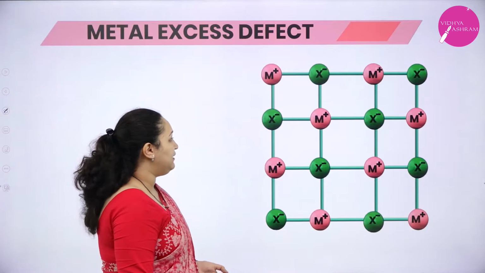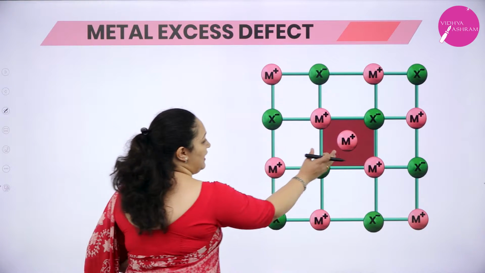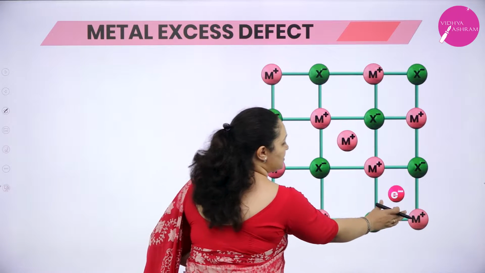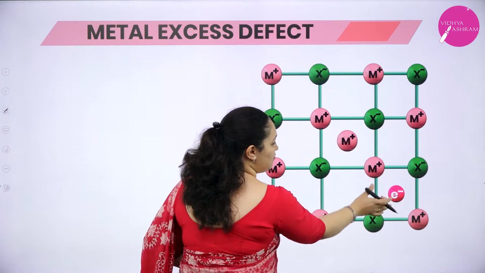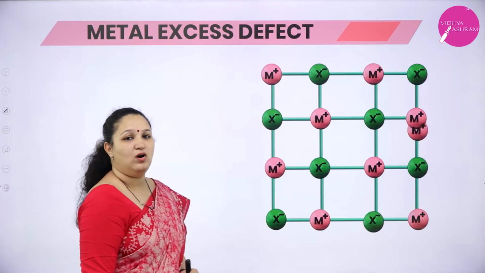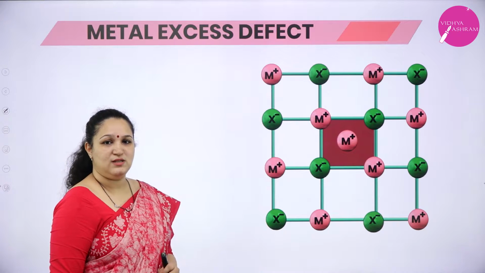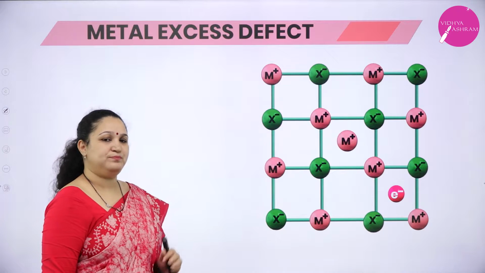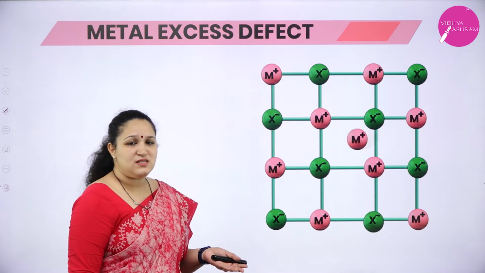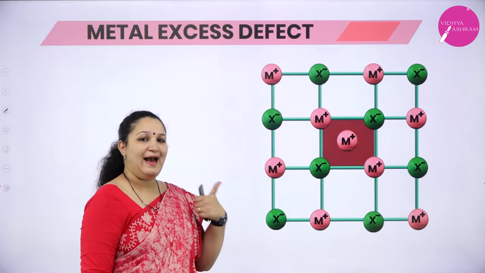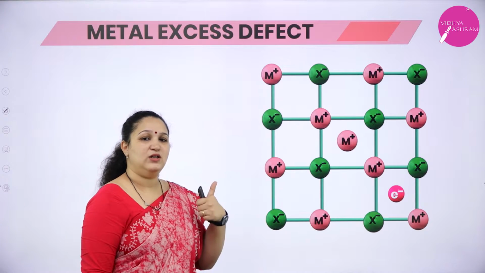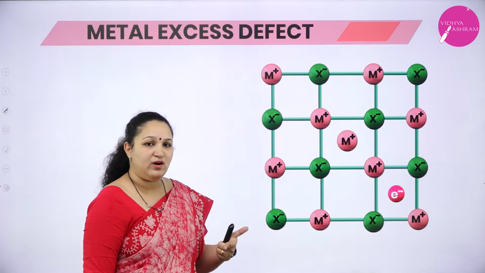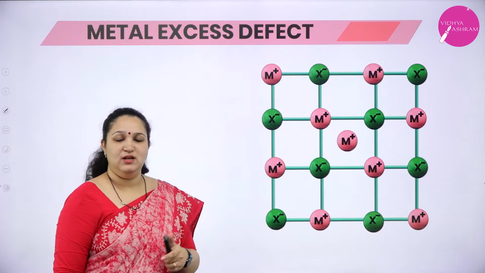To understand better, you can see here there is an extra metal ion in one interstitial site, and the same charge of electrons is also there in the interstitial site. I hope you have understood about metal excess defect due to anionic vacancy and due to extra cations in the interstitial site.